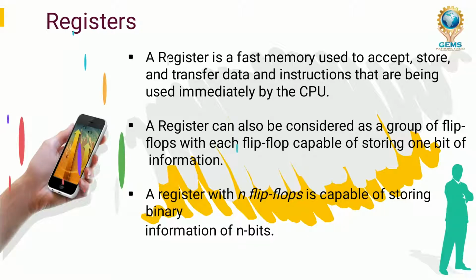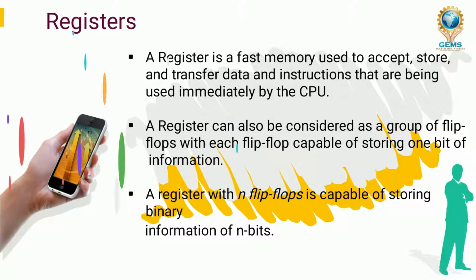I don't want to talk more about registers because I already discussed what a register is. A register is a faster memory used to store data. It is nothing but a flip flop, the smallest 1-bit storage. A group of flip flops is a register.